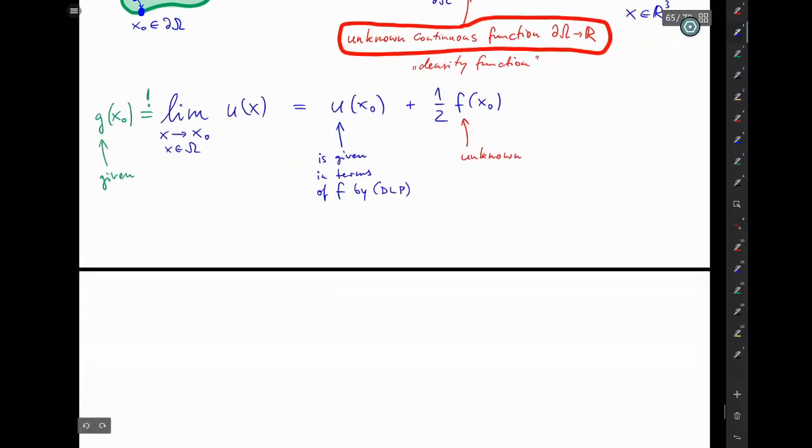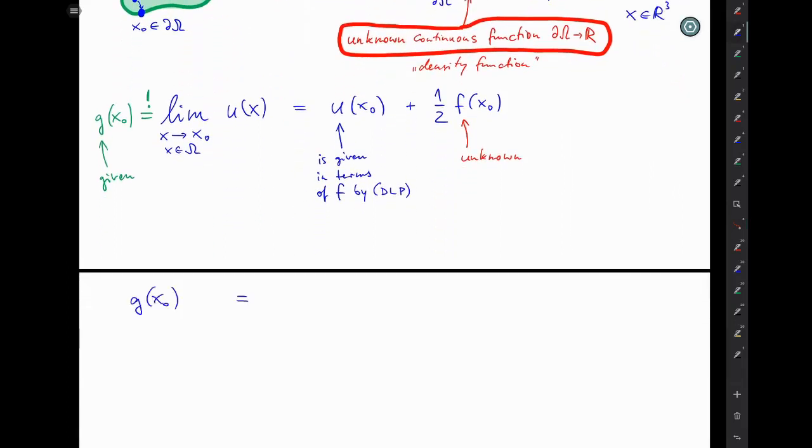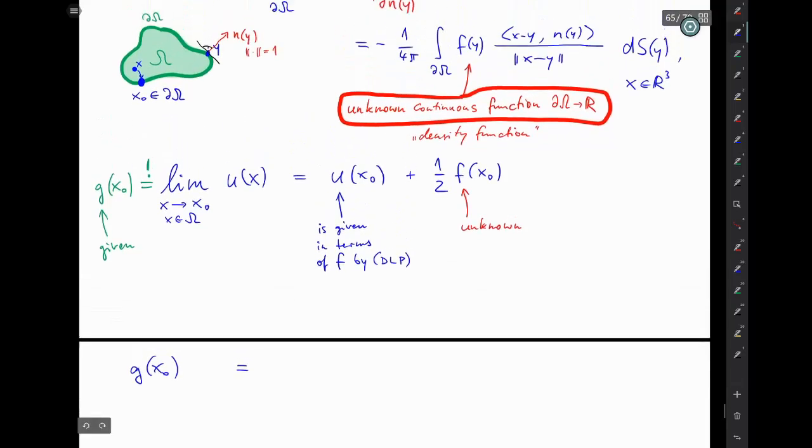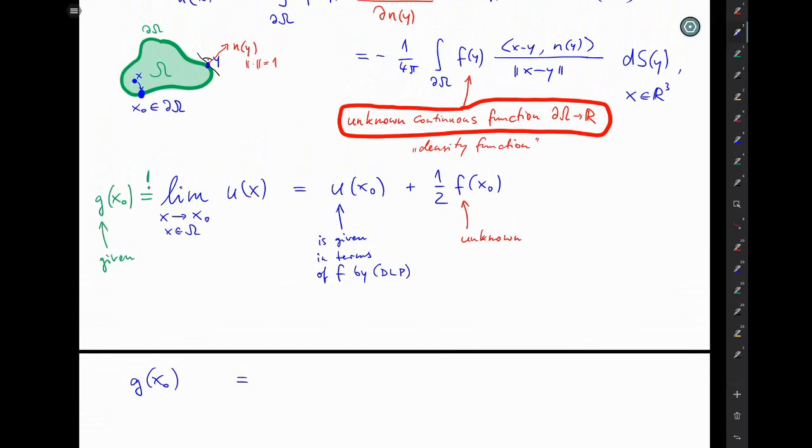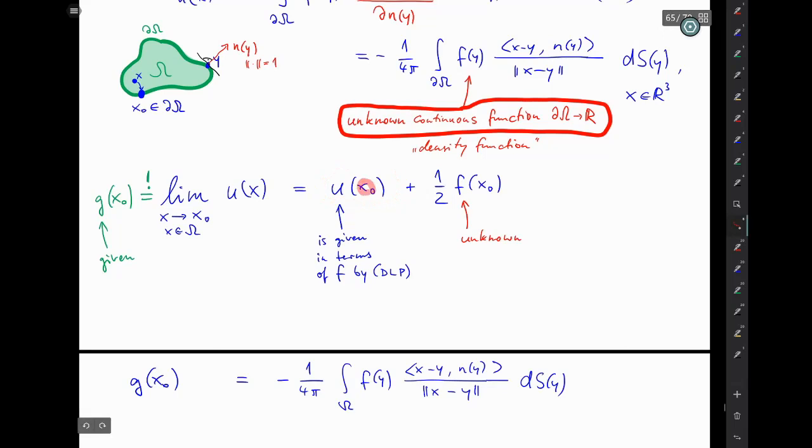So let's spell this out again. G of x0 equals, now we have to copy the u of x0 expression again from our double layer potential ansatz. And the only point to be careful here is that we are evaluating u not at any point x, but at this boundary point x0. So we have to put little zeros here and here.